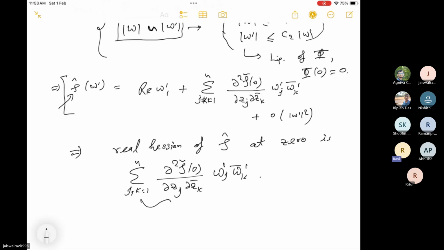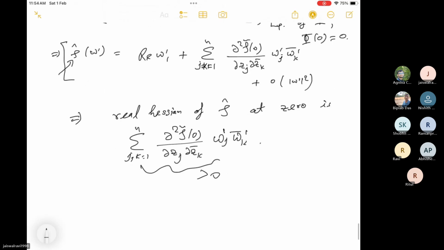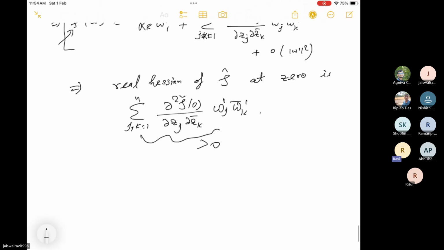And we know this is strictly positive because our domain is strongly pseudoconvex. So from here we get that the point 0 is a point of a strongly convex domain, or strongly convexity.